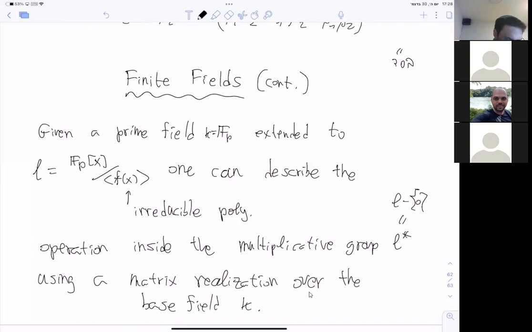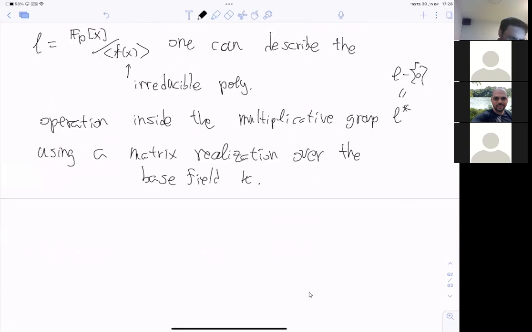What do I mean? For example, we have K, F3, and we look at the extended field.